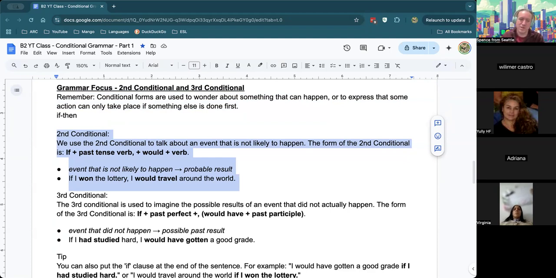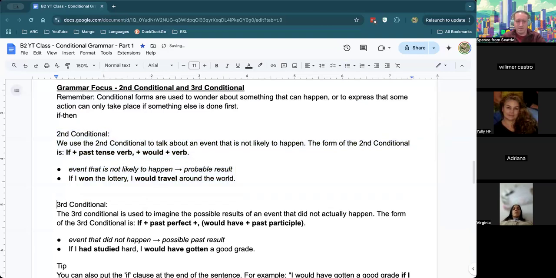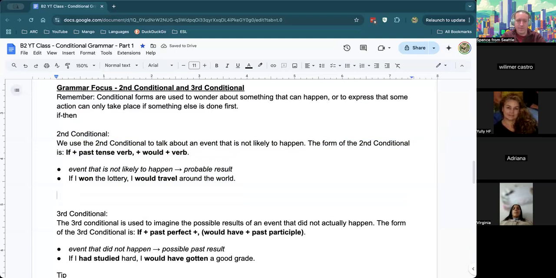So Wilmer, what's something that's not likely to happen? What's an improbable event? Just give me an example. Okay, for example, if I were rich, I would buy a mansion. Yeah, so if I were rich, it's unlikely or it's not true.